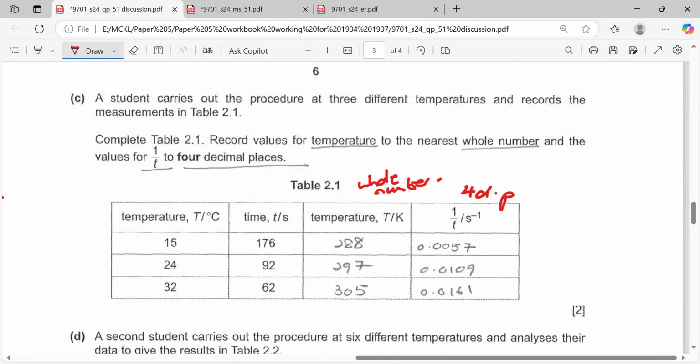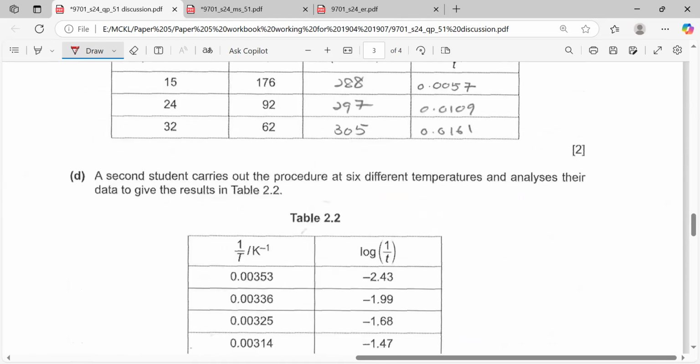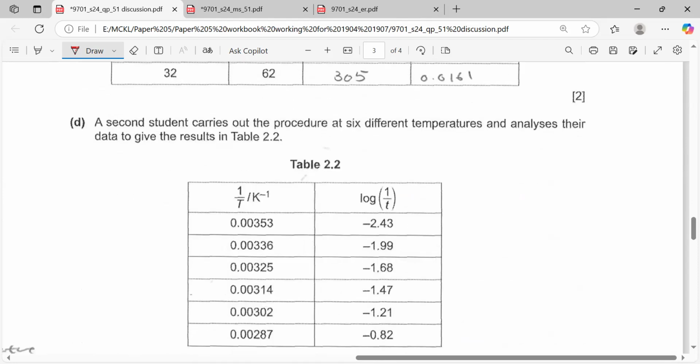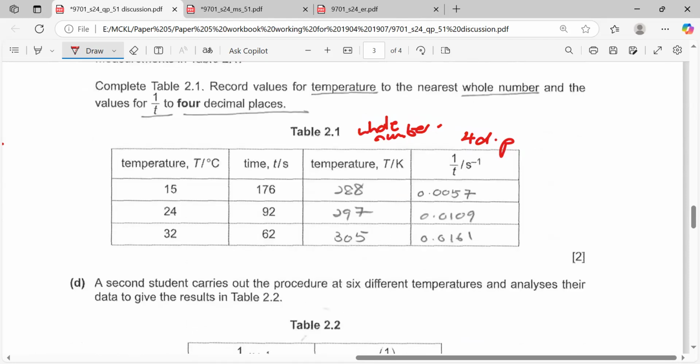Now the reason why they log, actually you don't really need to know, but just in case you want to know why they do a log, it is because it's very troublesome to plot the graph using 0.00574. If you log this number, it comes out close to an integer, which is very convenient for us to plot. It is easier to plot 1.47 rather than to plot 0.0109. So there's too much monitoring to do.